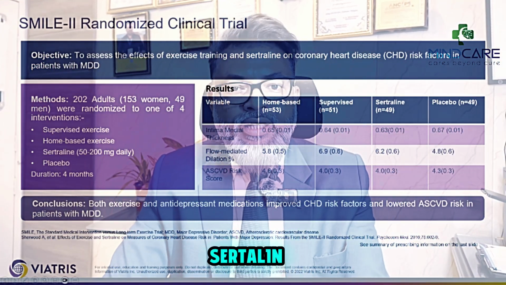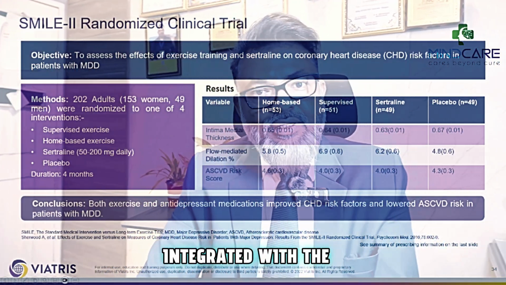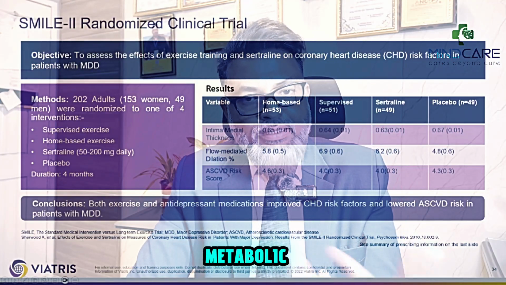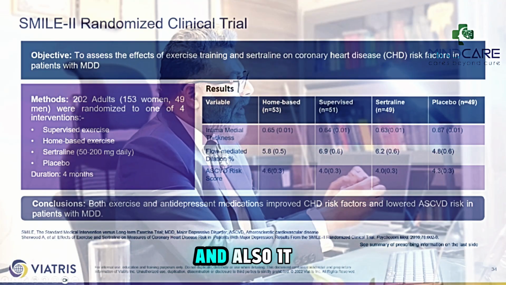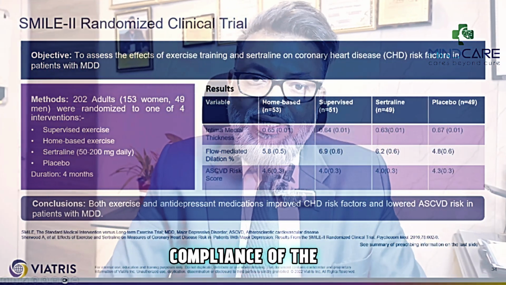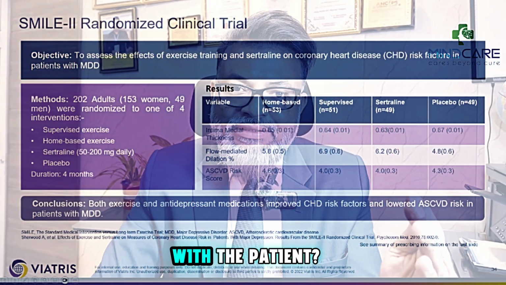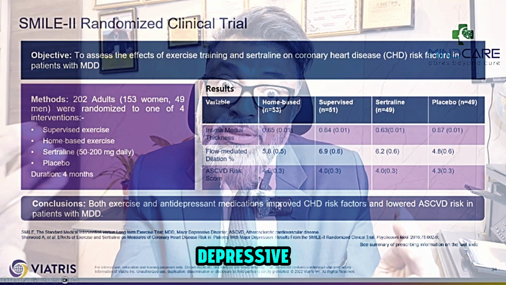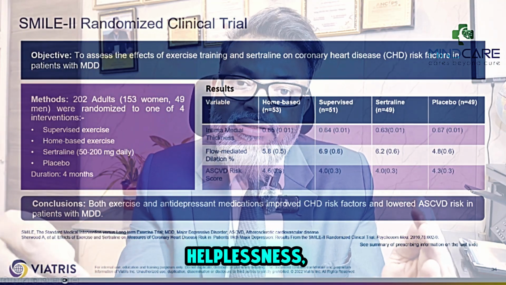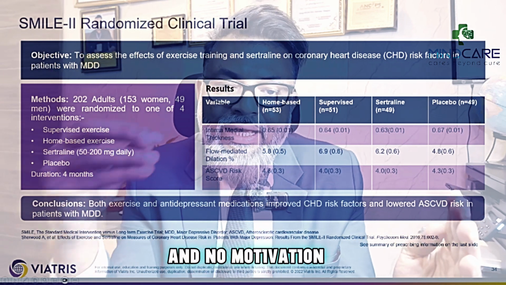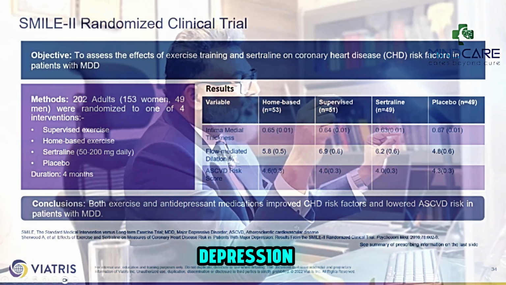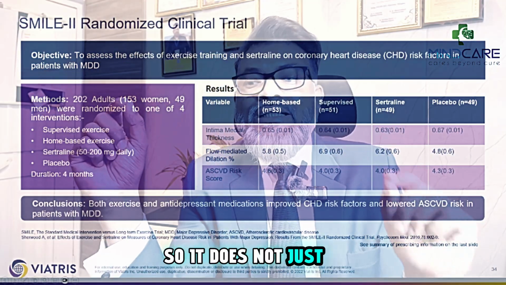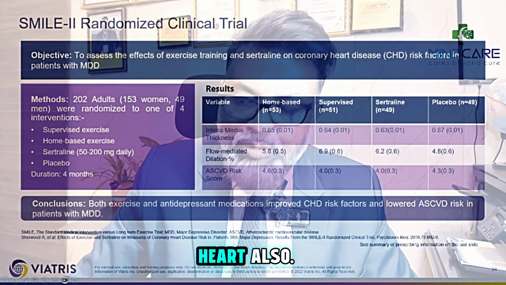So if sertraline is integrated into the basket of treatment for these metabolic disorders, it increases patient well-being and also increases patient compliance. How does it improve compliance? Because it protects from depressive symptoms, the hopelessness, helplessness, worthlessness, and lack of motivation, and losing the motivation to take medication. So treating depression with sertraline does not just heal the mind, it protects the heart also.